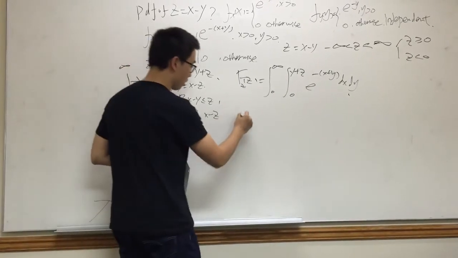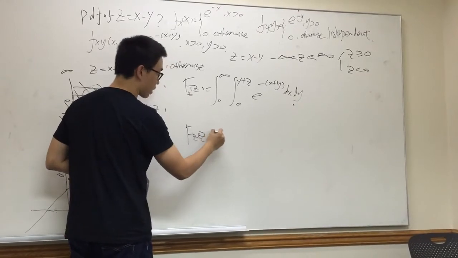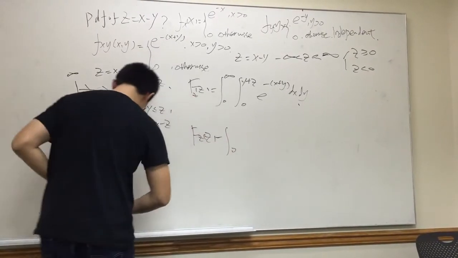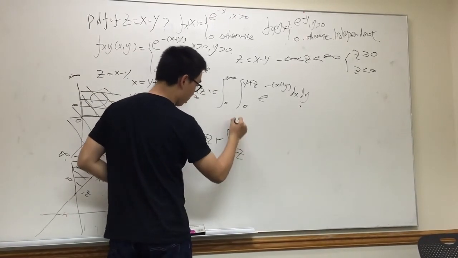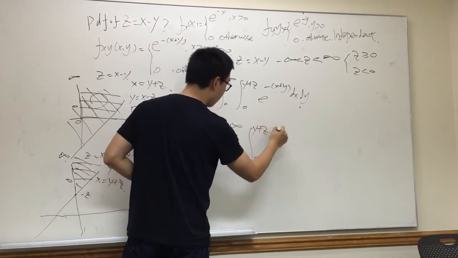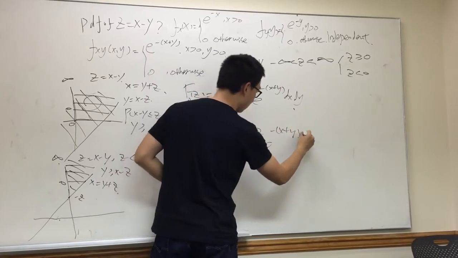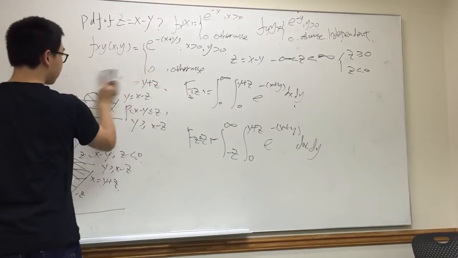And here the distribution function of Z when z is less than 0 is the integral from minus z to infinity, from 0 to y plus z, of e to the minus (x plus y) dx dy.